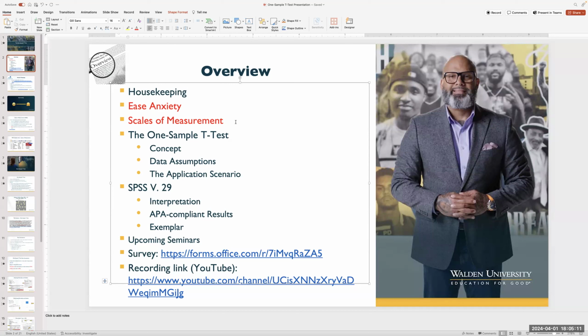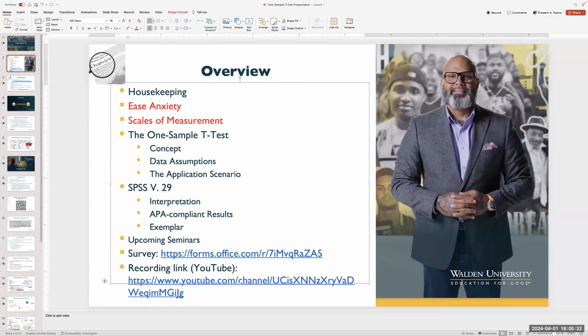And then we'll jump right into the one sample t-test. What is this t-test? Of course, we'll talk about some data assumptions associated with the test and the application scenario.